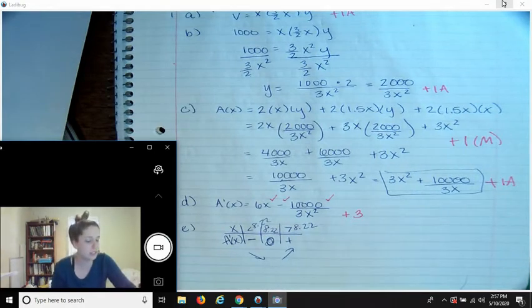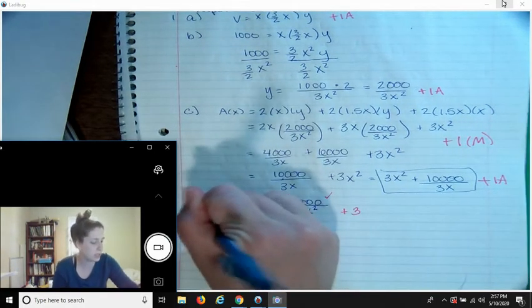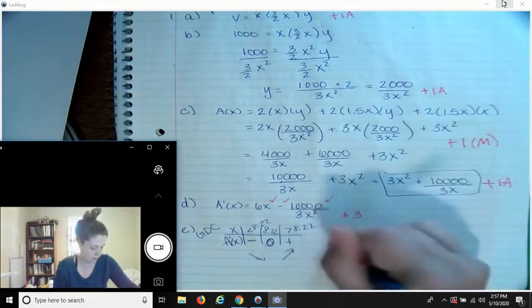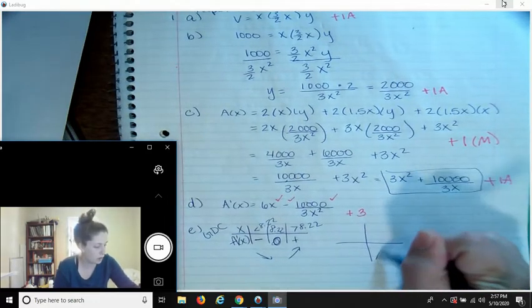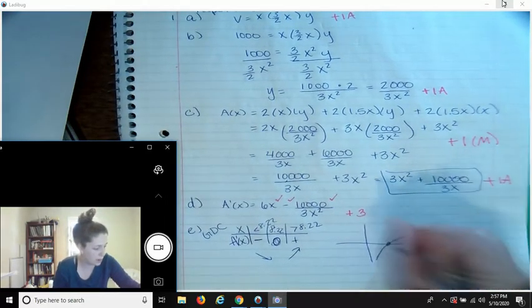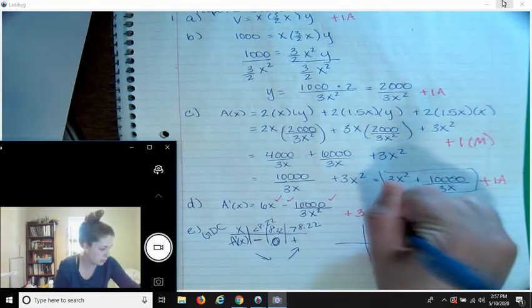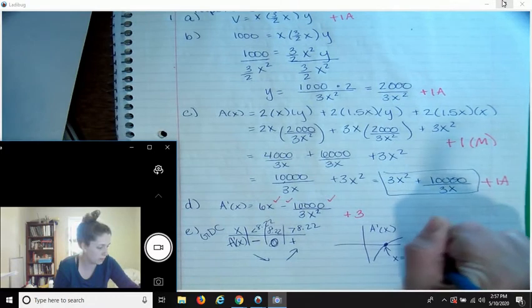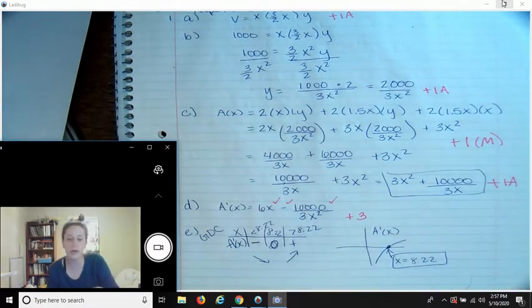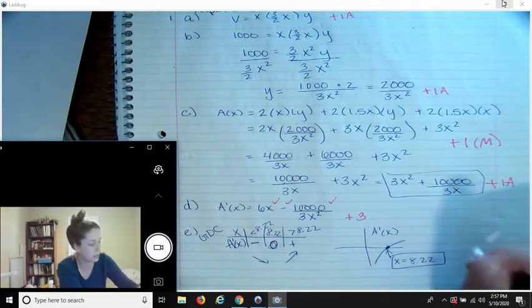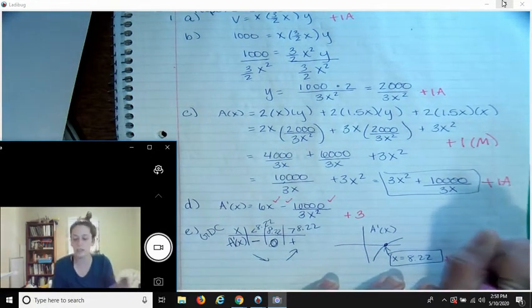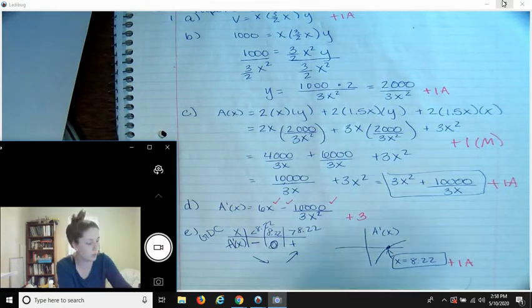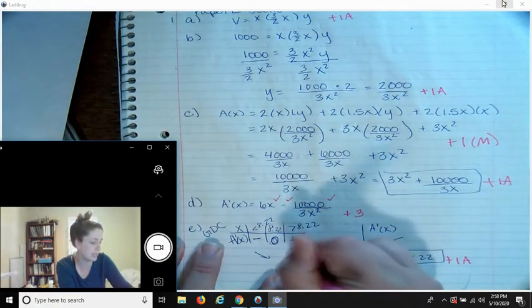So this is from our graphic display calculator, from where we graphed A prime of x, and this is x equals 8.22. In part E, that's why it's only 2 marks, because you can just put it in your calculator. So you get +1 for your answer and +1 for some sort of reasoning.